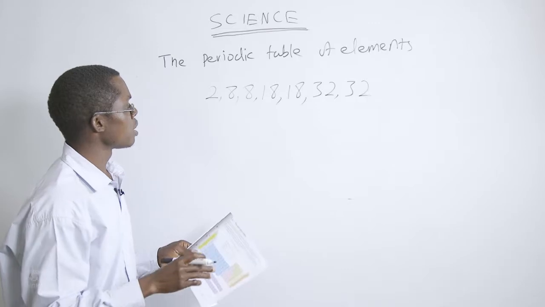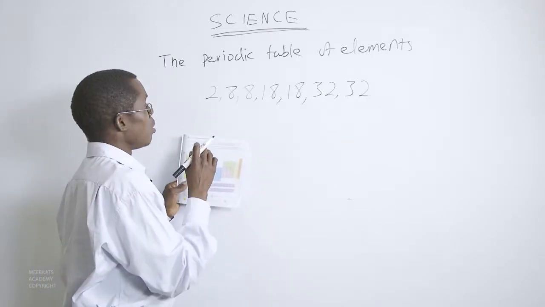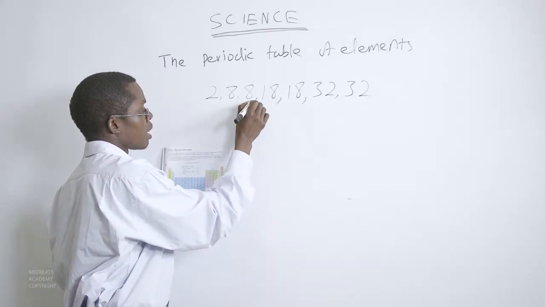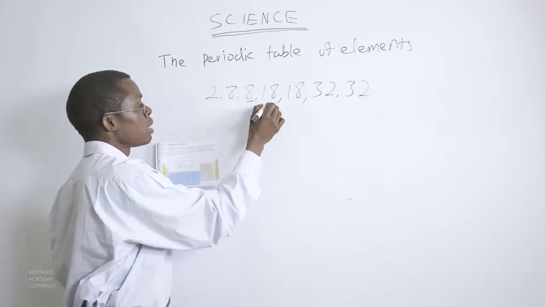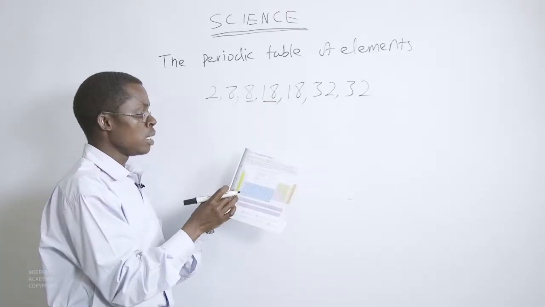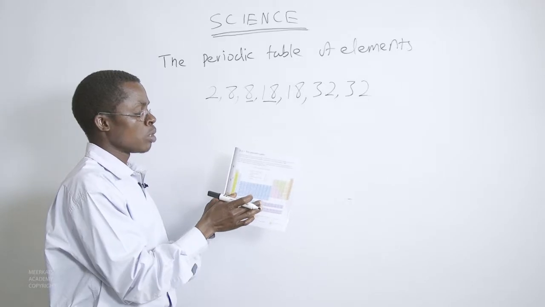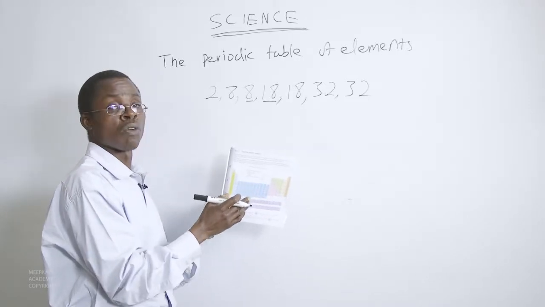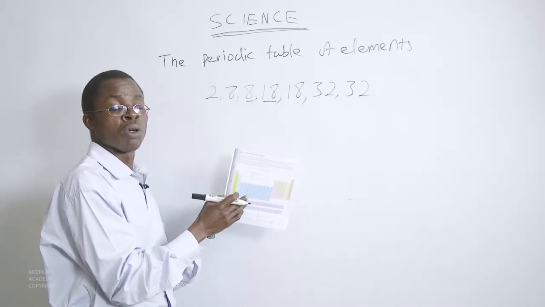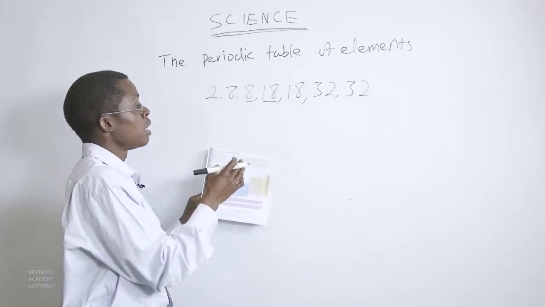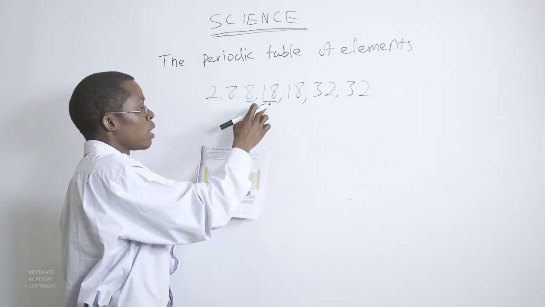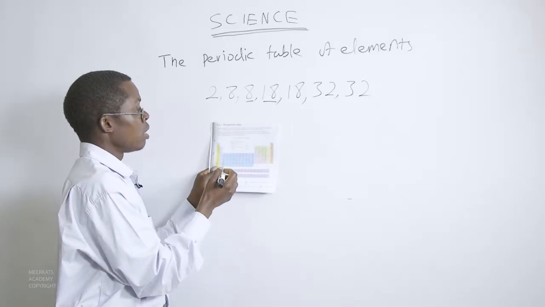Now, just to confirm that this is true, you realize that we have been talking about 8. How do we reach 18? Can these groups or categories of transition metals or elements fit to make us move from 8 to 18? Let's confirm.